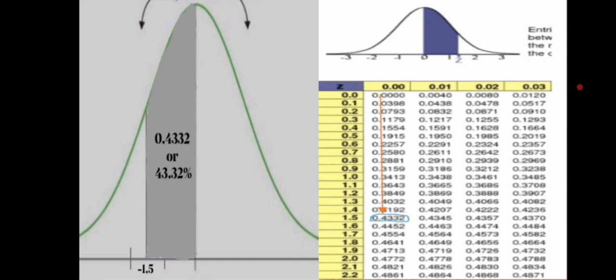If we add 1.5 and 0.00, that will be 1.5. The number in the table is 0.4332. By symmetry, the area between negative 1.5 and 0 is also 0.4332. Although the z values can be negative, areas must be positive.